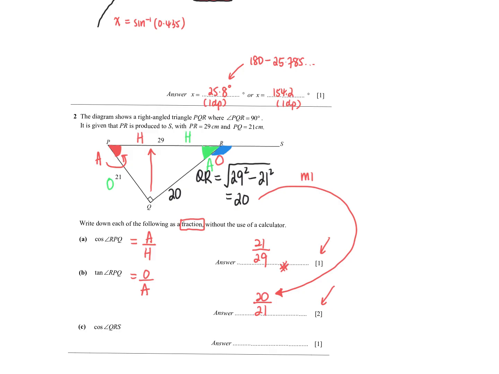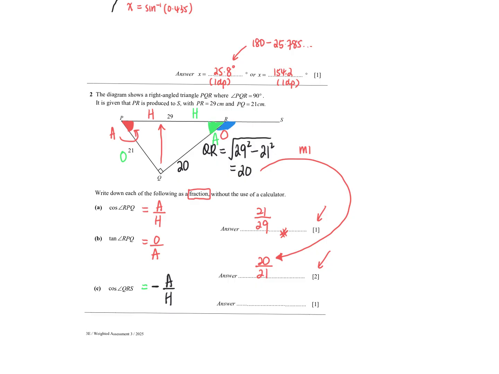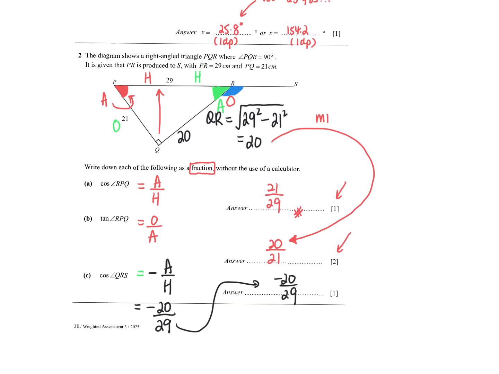So using this, I want to find my cosine, which is A over H. But take note, because it's obtuse, the ratio is negative. So A over H is negative 20 over 29. So the obtuse angle is where some of you will lose some marks sometimes.